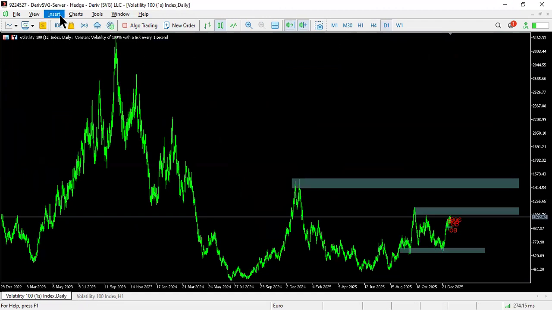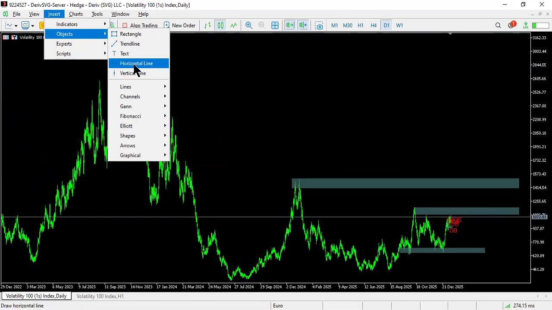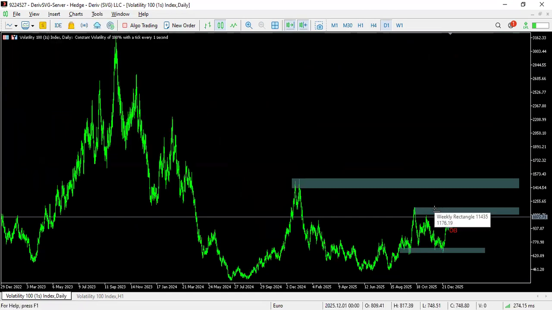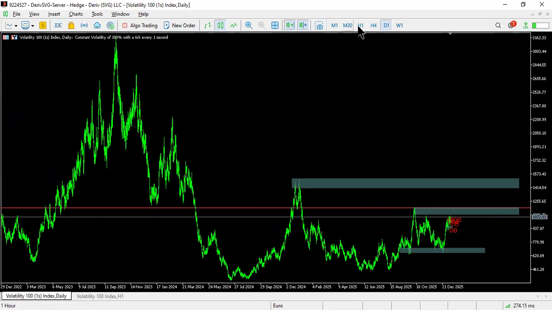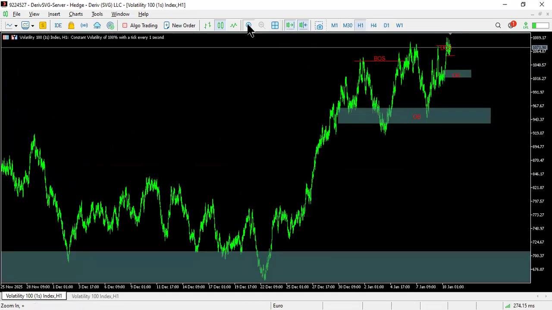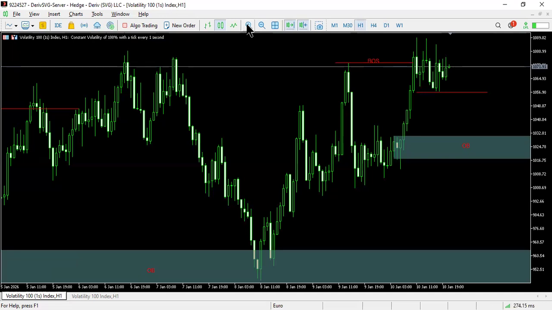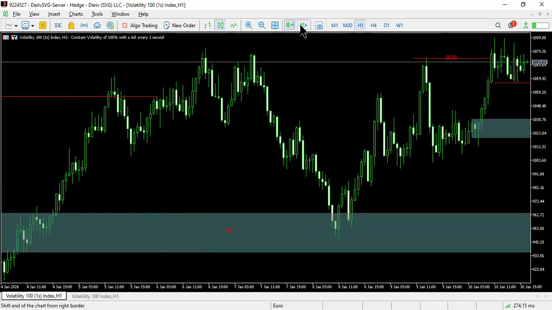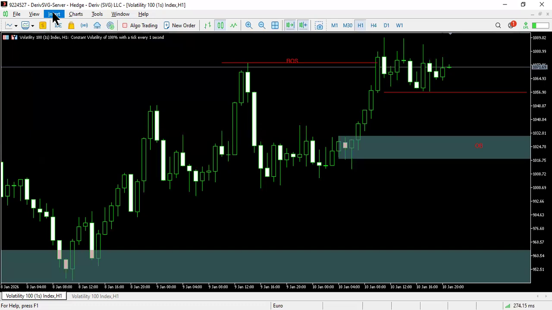And for the take profit, we are going to be using that swing high. So that's it. That's it from VIX 100.